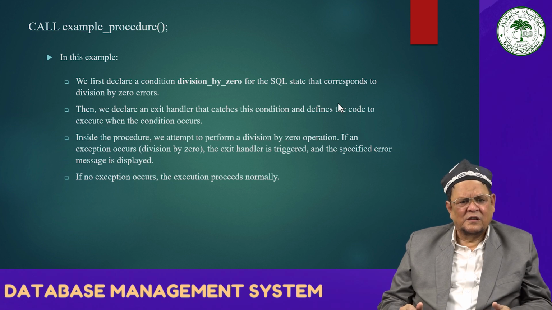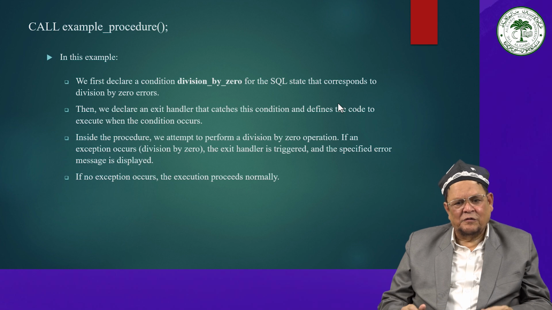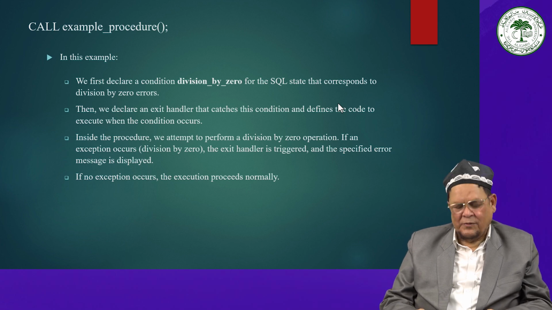Inside the procedure, we attempt to perform the division by zero operation. If an exception occurs, the exit handler is triggered and a specified error message will be displayed. If no exception occurs, the execution proceeds normally.